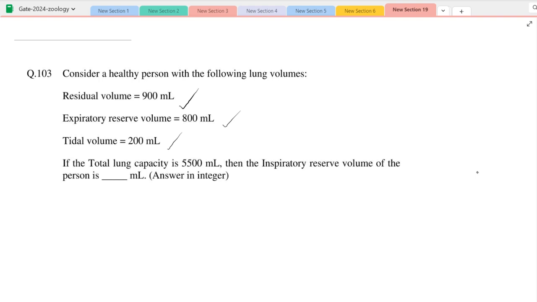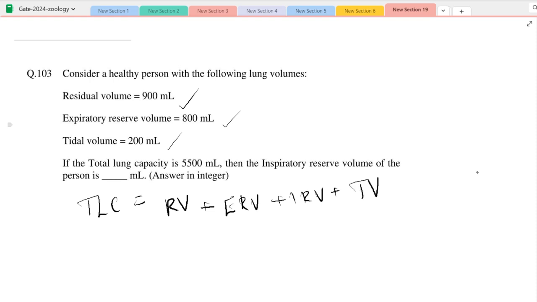Basically, the inspiratory reserve volume is calculated from the formula: total lung capacity is equal to residual volume, RV, plus expiratory reserve volume, ERV, plus inspiratory reserve volume, IRV, plus tidal volume, TV.